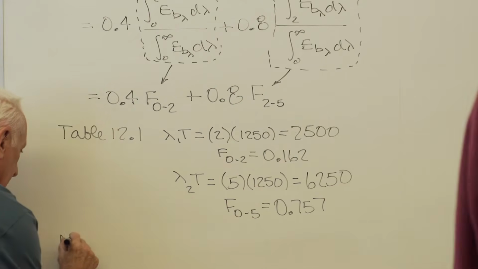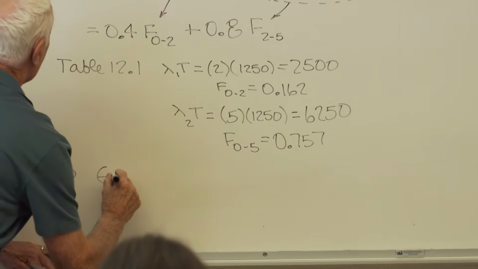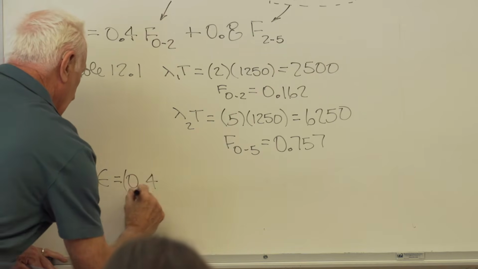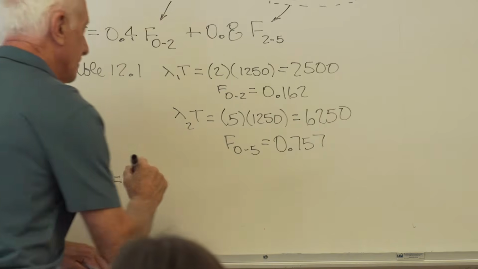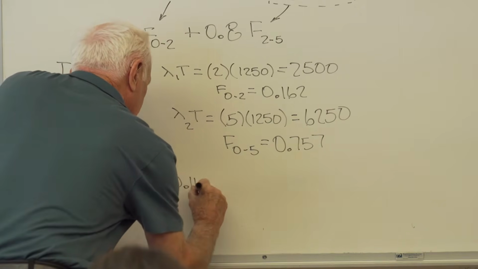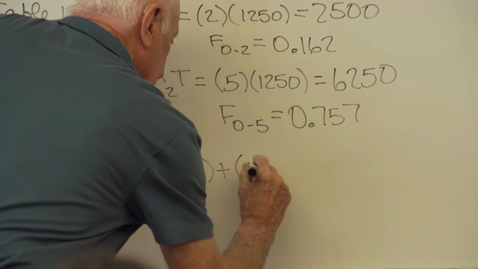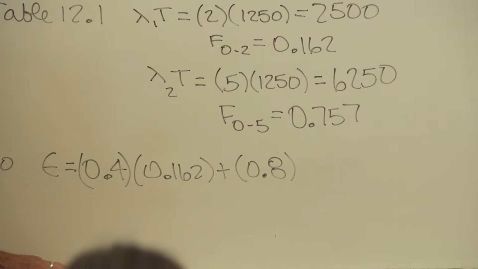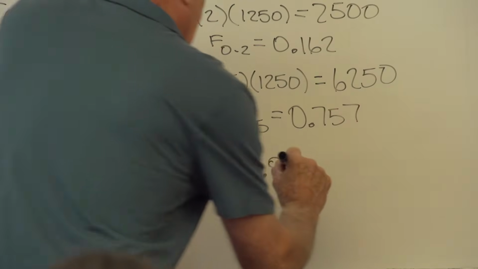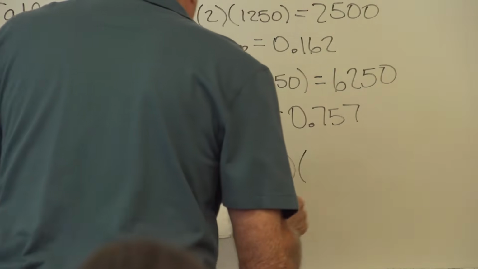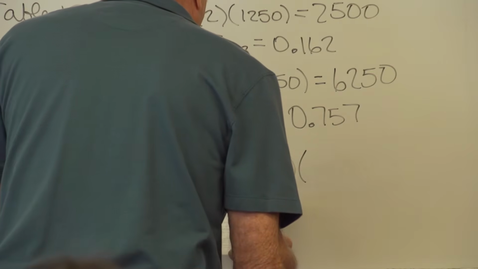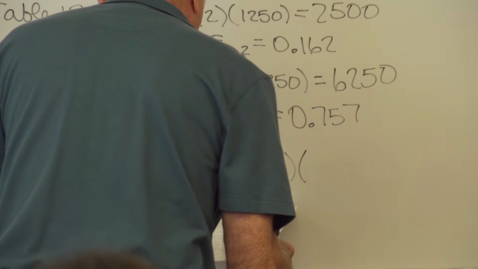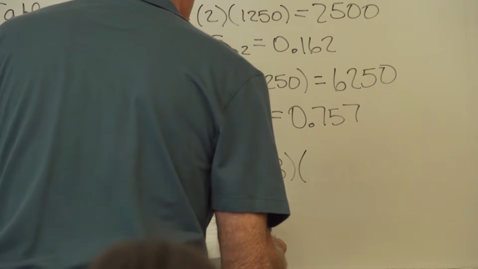So, put those numbers in the equation. Epsilon equals 0.4 times the fraction 0 to 2, plus 0.8 times the fraction from 2 to 5. The fraction 2 to 5 is the fraction from 0 to 5 minus the fraction from 0 to 2. Epsilon 0.54, did I get 0.54?